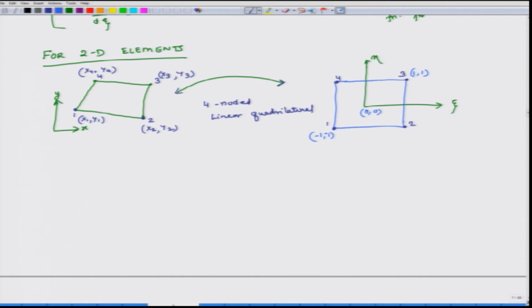For a 8 noded quadrilateral, suppose this is an element and I am having the edges maybe curved. There is no rule which says that edges cannot be curved.